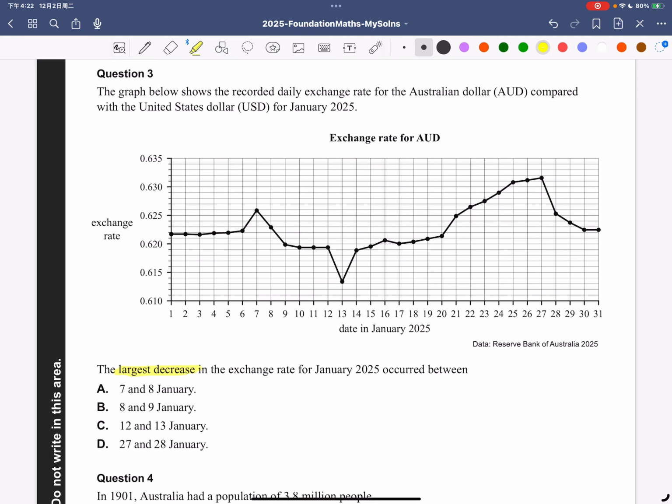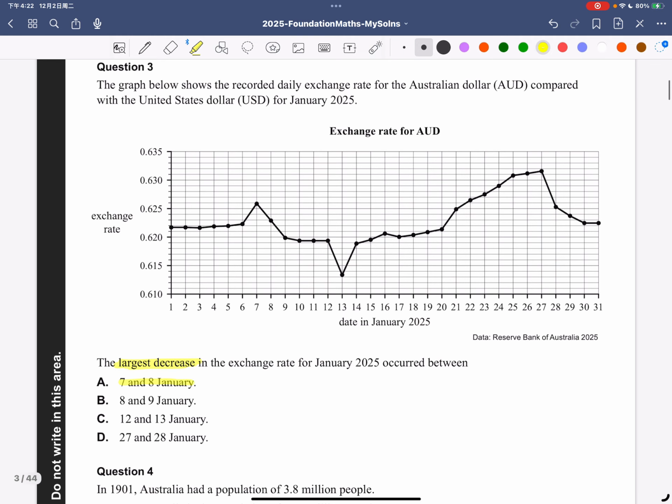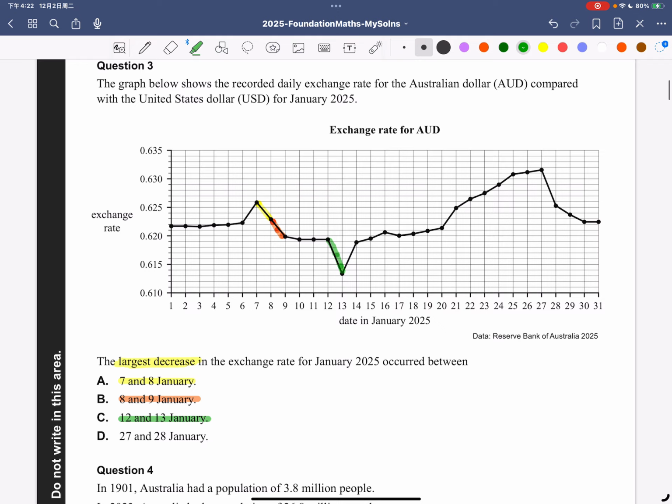If I look at a decrease, 7th and 8th January is this line segment, and 8th and 9th January is the second segment here. 12 and 13, it's like that. And the last one is 27th and 28th January. Comparatively speaking, I would say option C or option D would be showing the largest drop.